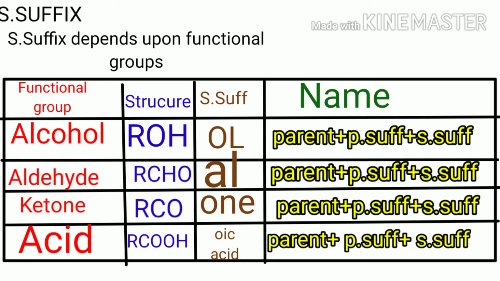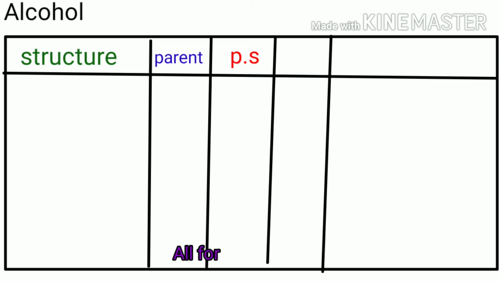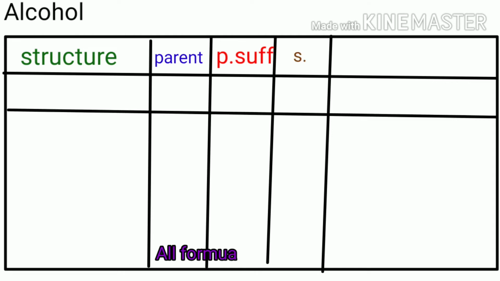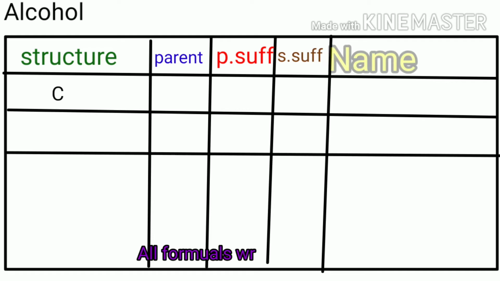First, discuss alcohol. The alcohol symbol is OH. Then the structure. Parent means the number of carbons present, which is already discussed. The primary suffix depends upon the bond, which is also already discussed.